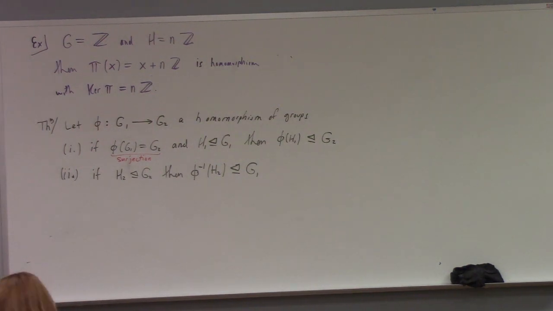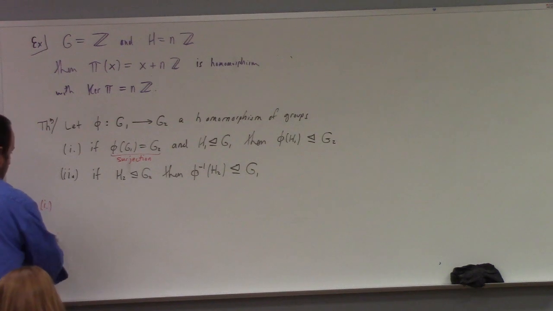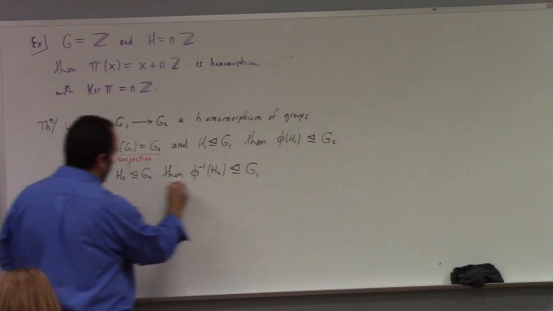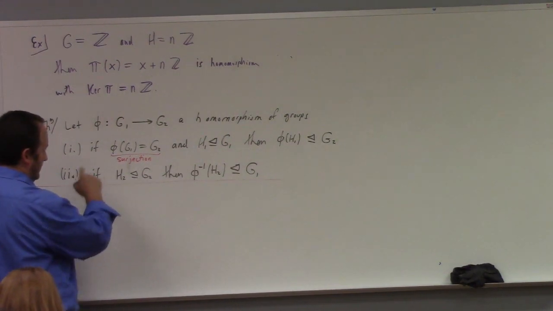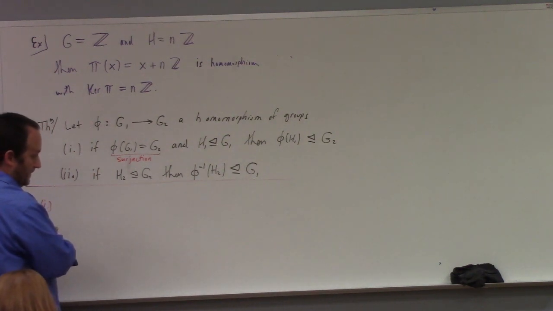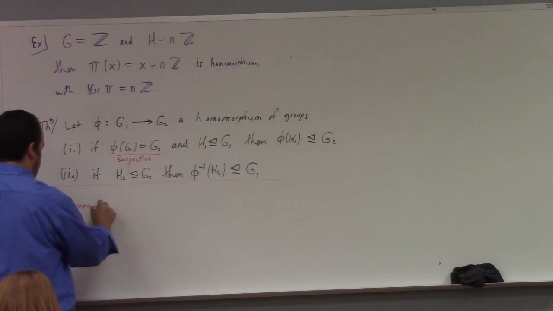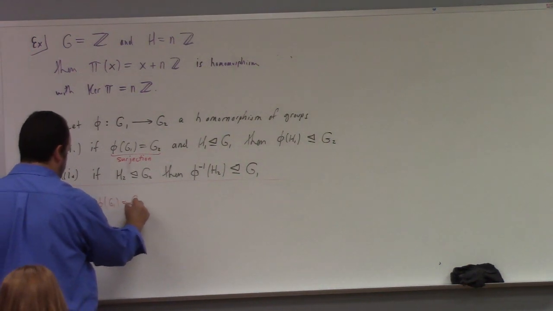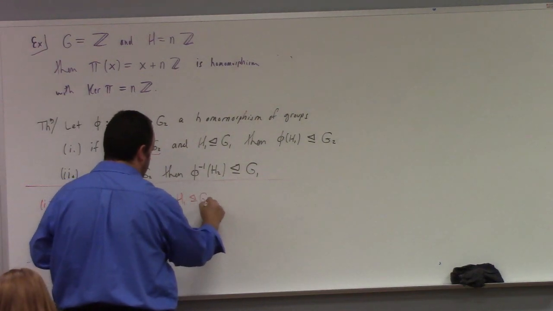All right, so let's prove this theorem. Let's start with number one. So assume that φ is a homomorphism, and assume the data in part one, that φ(G1) is equal to G2, and also that H1 is a normal subgroup of G1.